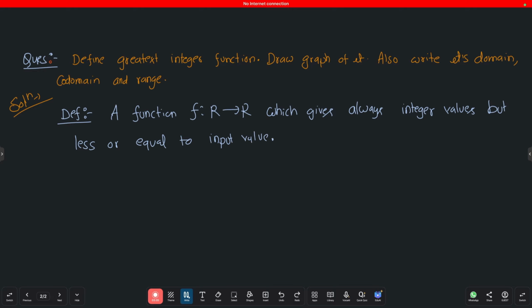Okay, this is a simple definition. A function f from R to R which gives always integer values but less or equal to input values.